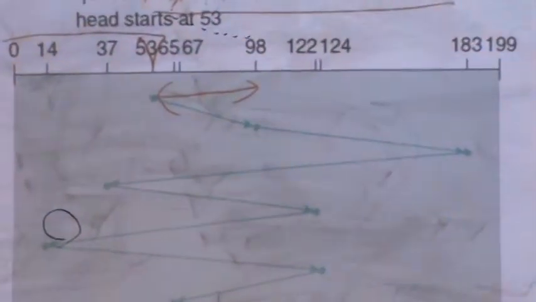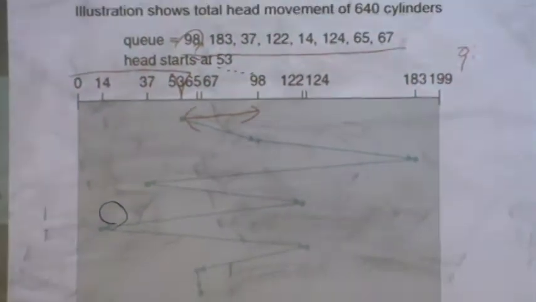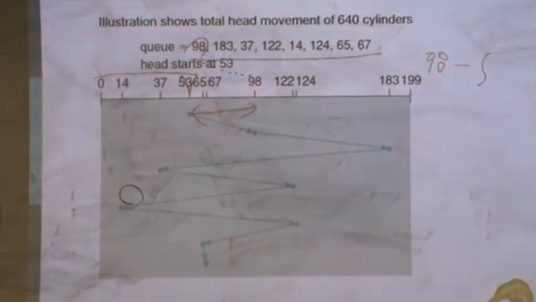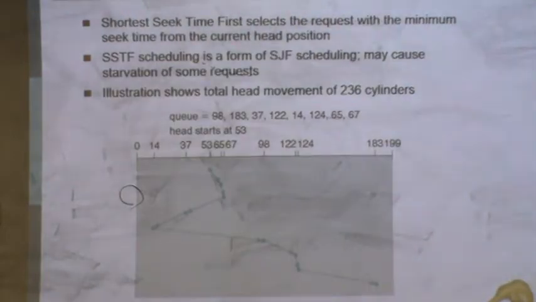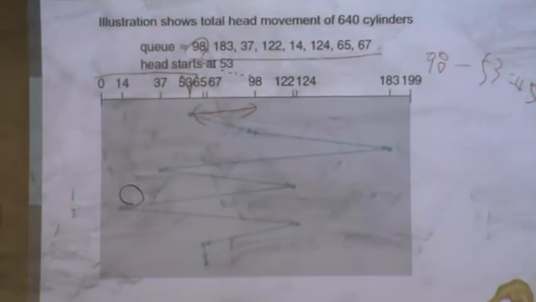How much is that? 98 minus 53 is 45. So 45. Then the next is 183. 183 is here too. So 183 minus 98, so something.